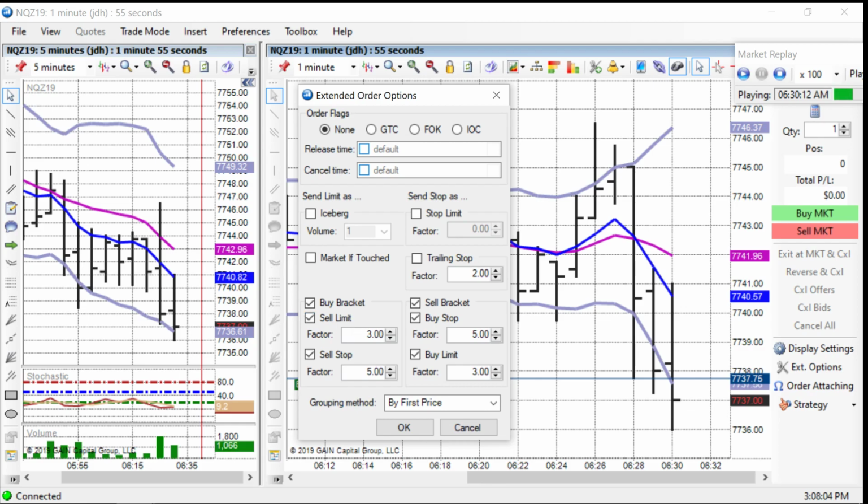The targets are set at 3 points. Sell stops are set at 5 points. The sell bracket, sell stops are set at 5 points. The target is set at 3 points. The target's a limit order. The sell stop is a stop order. And so that's how you set up the bracket trades for each long and short position on the trading software.